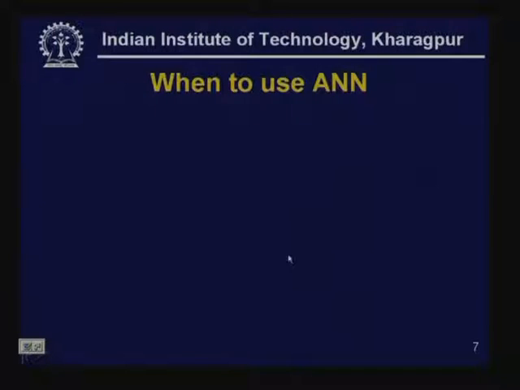So, there are many uses that neural networks have been put into. What I just described is just a small sample of a few of the utilities of neural networks.